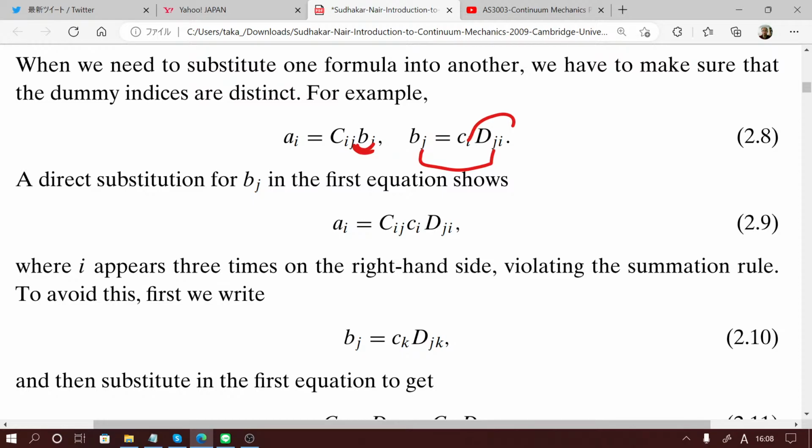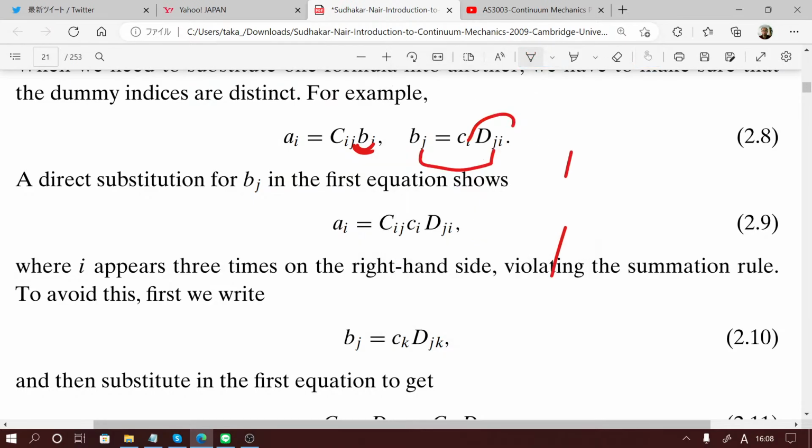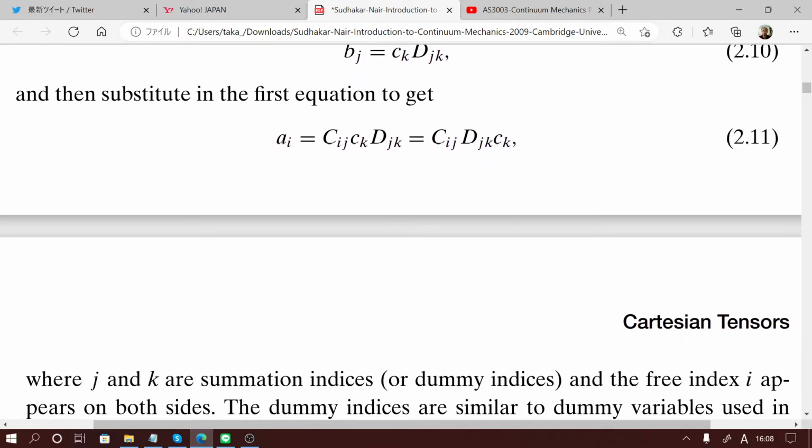To avoid this, first we write Bj. For Bj, we use dummy index k: Ck Djk, and substitute in the first equation to get Ai equals Cij Ck Djk.